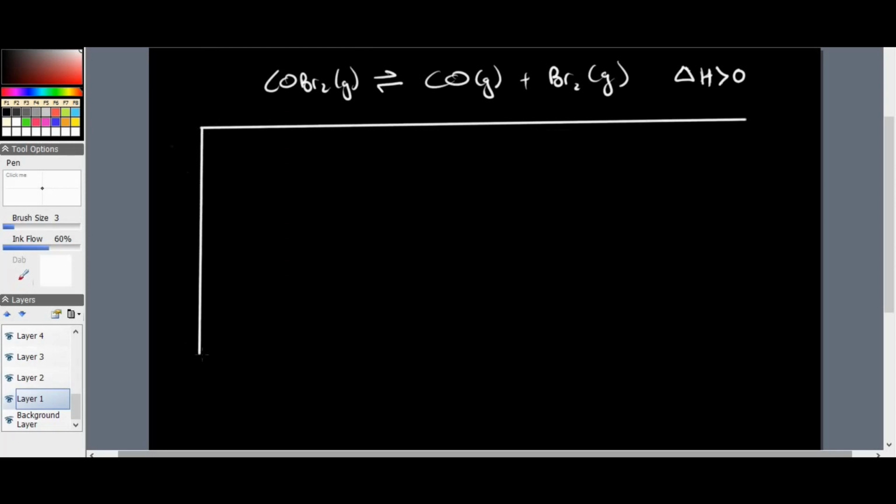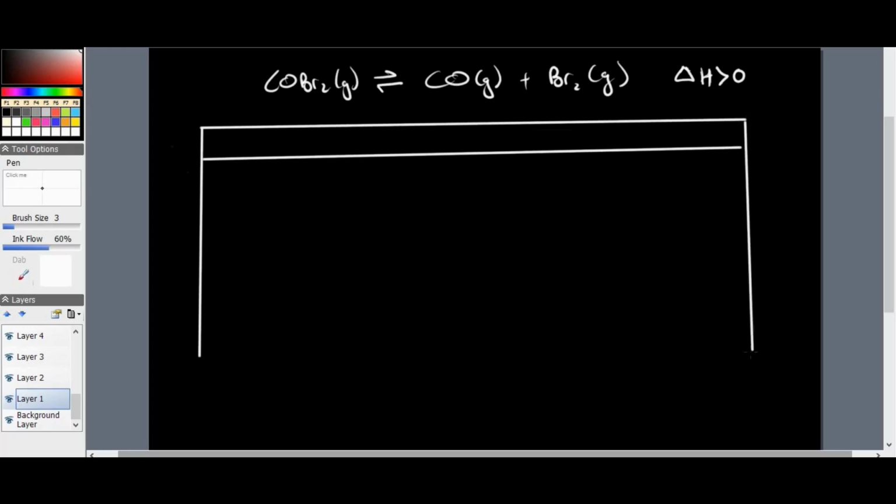Of course, we have the mole ratio. I always leave a row on top for mole ratio, which is basically 1 is to 1 is to 1. Initially I have the initial mole first, which we can just write as Ni.